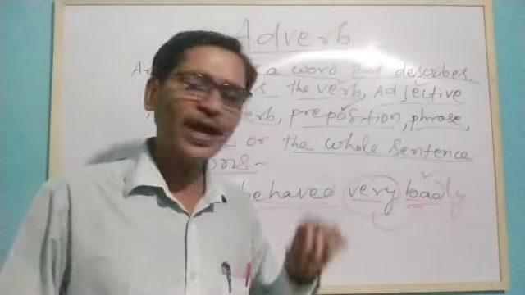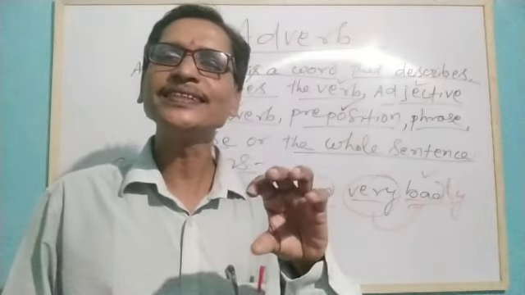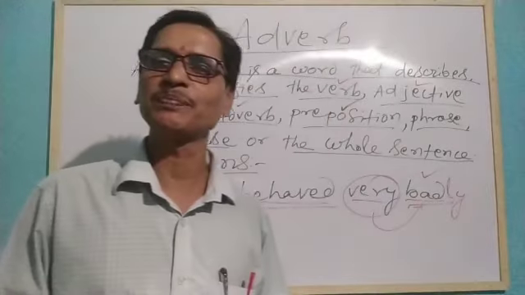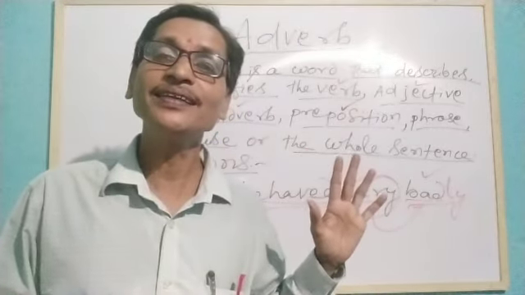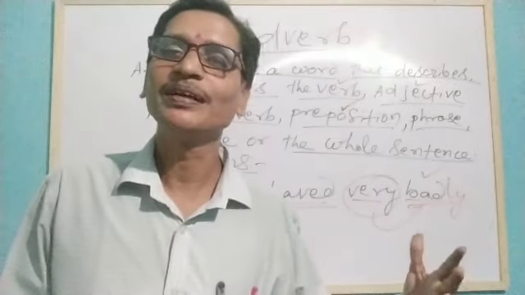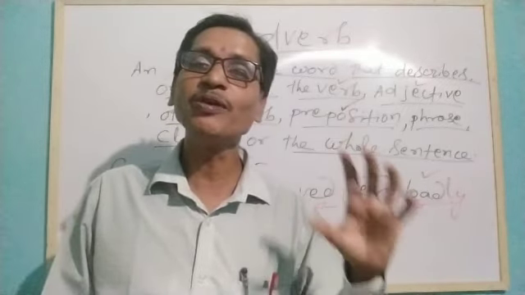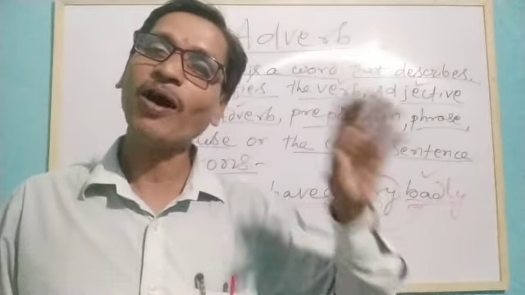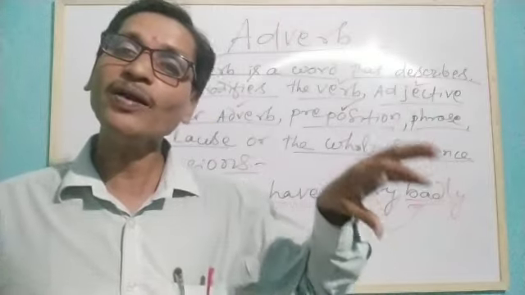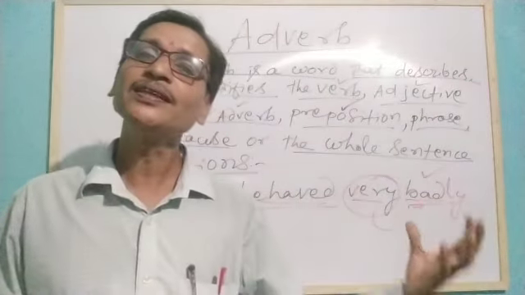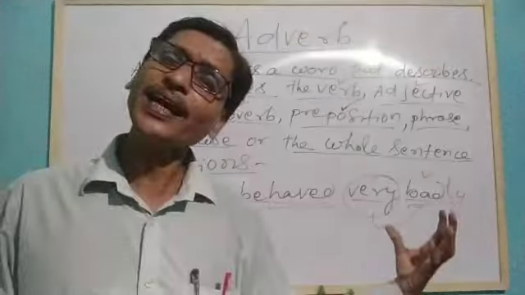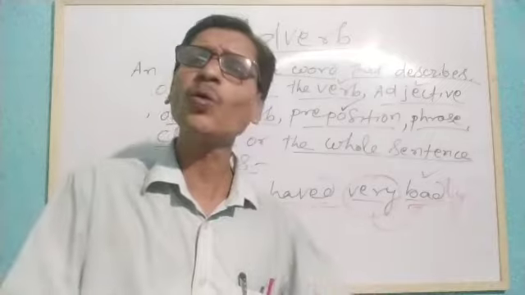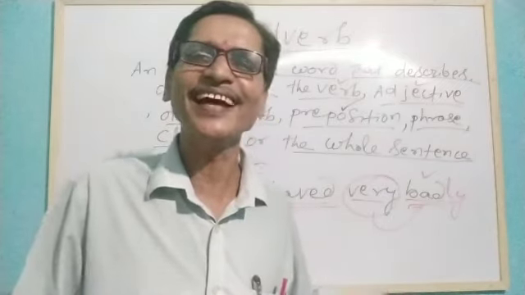Today we understood briefly how adverbs modify the meaning of other parts of speech, but they don't modify the meaning of a noun. Because when we use words to modify the meaning of a noun, they are called adjectives. That we discussed. This is the discussion today.